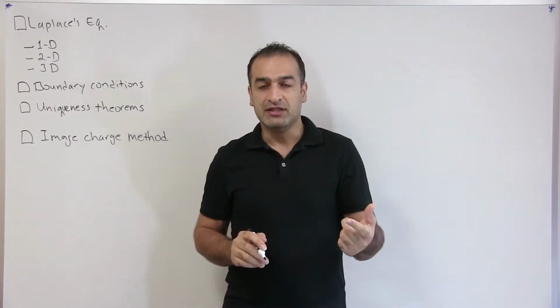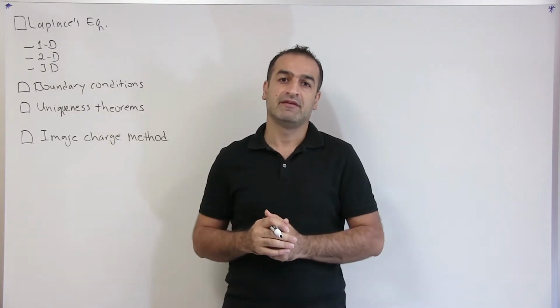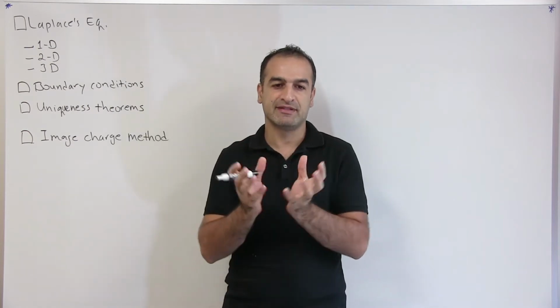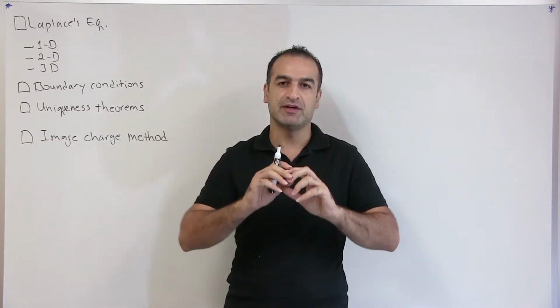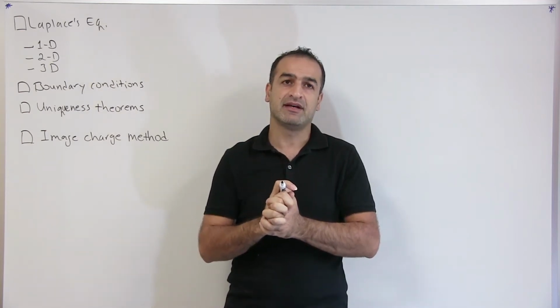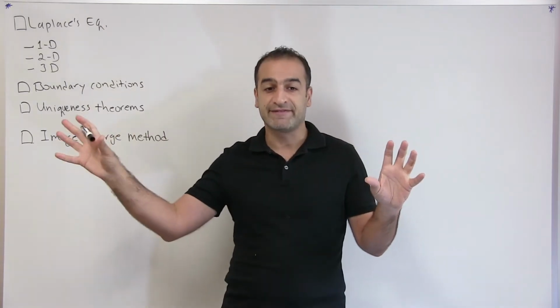In this chapter, we're going to use 2 different methods. One of them is the method of image charges. That method is based on certain physical intuition: you construct the potential of the space you are trying to find based on the assumption that the system is very similar to a different system.